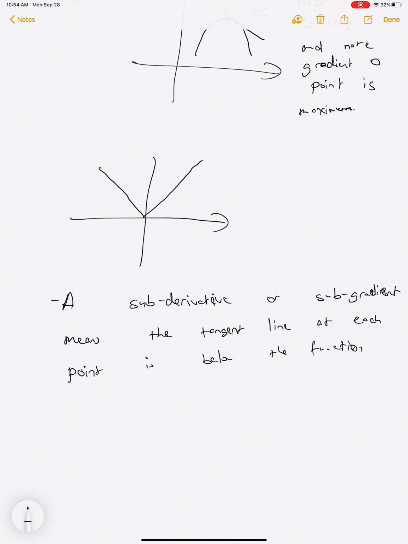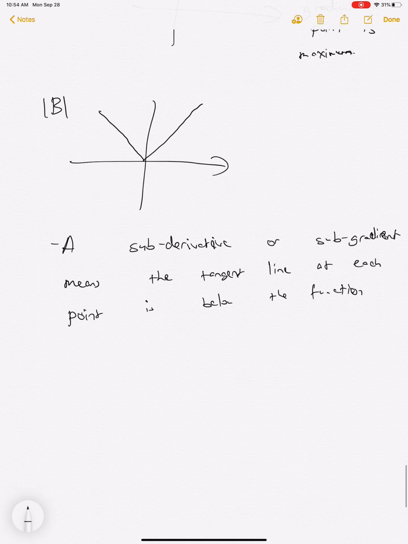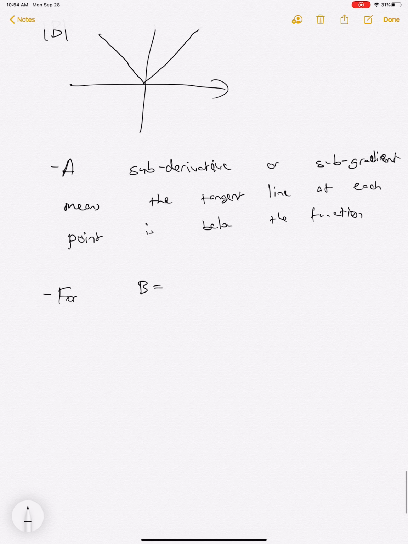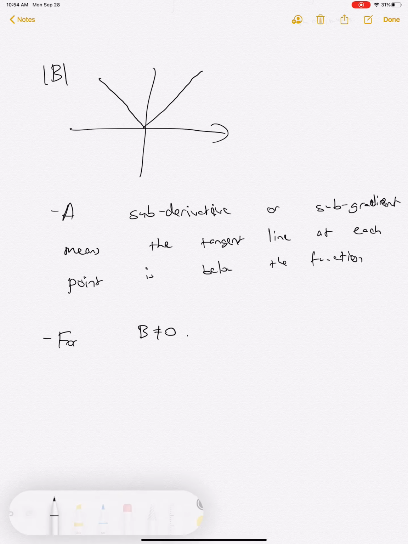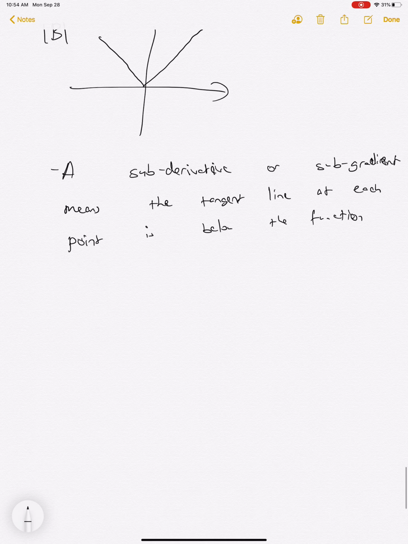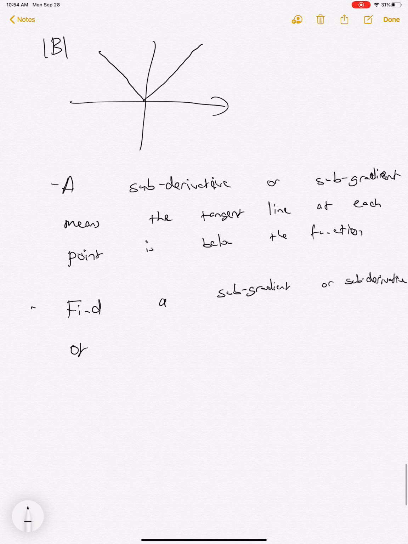So for example, for this L1 function, or the absolute value, for b not equal to 0, we're asking the question of finding a subgradient or subderivative of the norm of b, and we'll call that z.